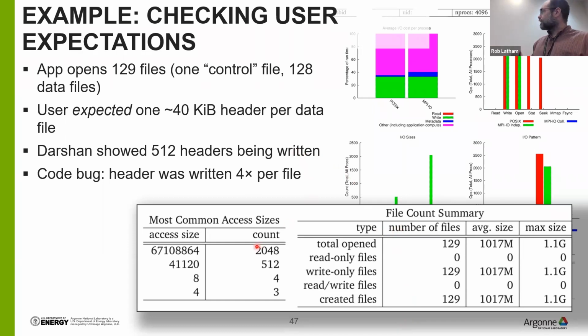In this case, here's an access size that says, okay, there were a bit of large accesses here, but here 4,000 times this 40K header was accessed 512 times, but you only have 128 files here. What's going on? Well, it turns out the user dug around a little bit and we had a bug in there.